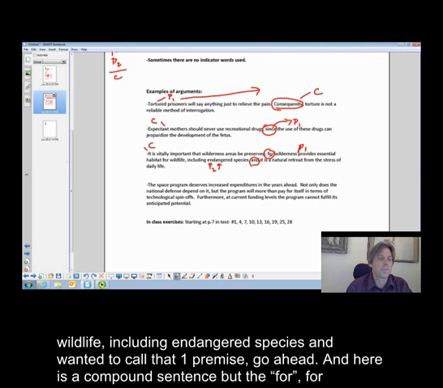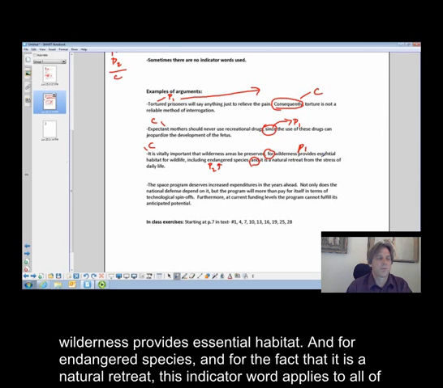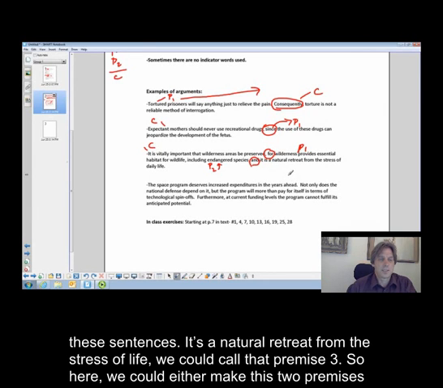And here's a compound sentence, but the for wilderness areas provide essential habitat for wildlife and endangered species, and for the fact that it's a natural retreat, this indicator word applies to all of these sentences. It's a natural retreat from the stress of life.